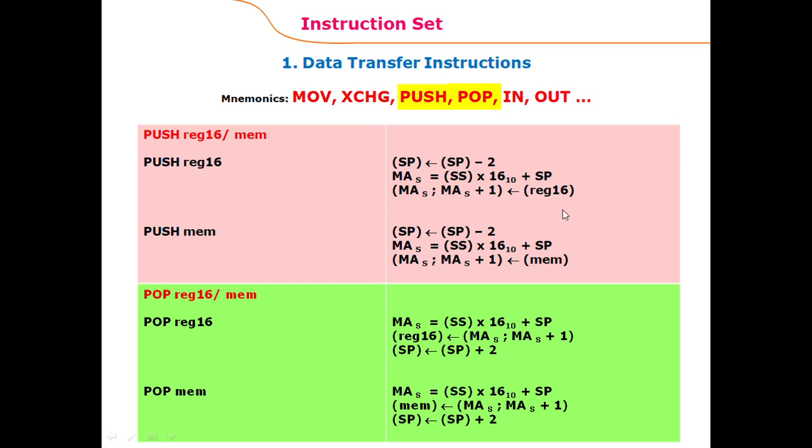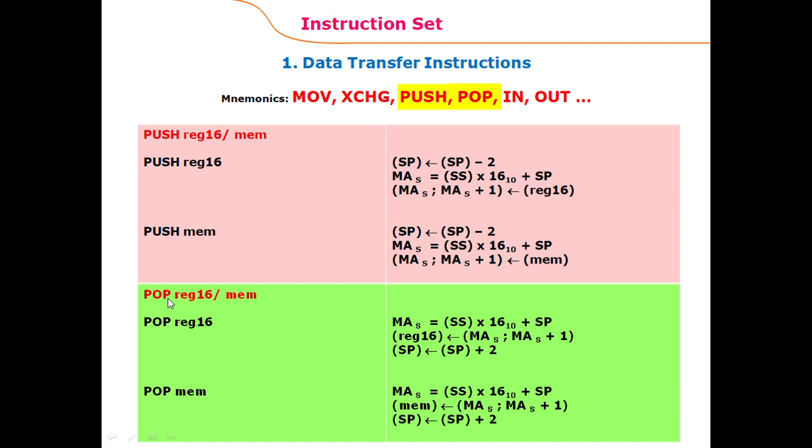For the POP instruction, just like the push instruction, we have two forms. The operand can be a 16-bit register, or it can be a memory location. Remember that we can also push immediate data, which is not mentioned here, but in case of POP, immediate data cannot be used. So this gives us two forms of the POP instruction: POP a 16-bit register, and POP a memory location.